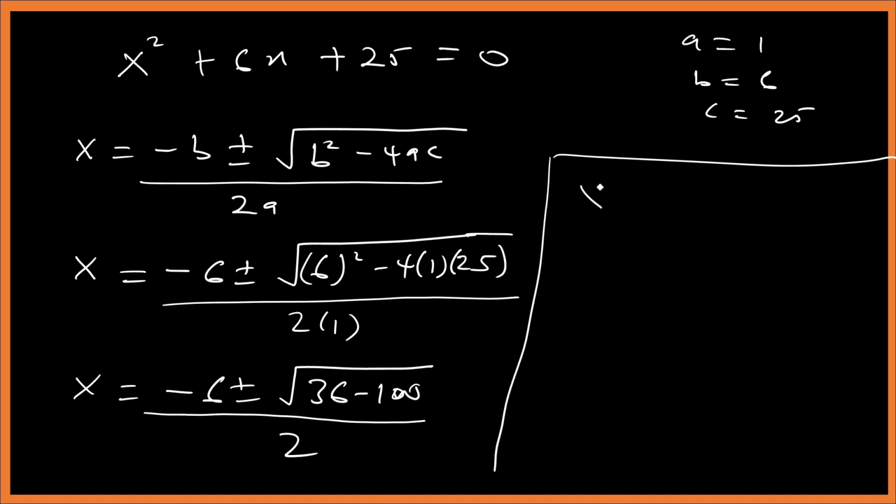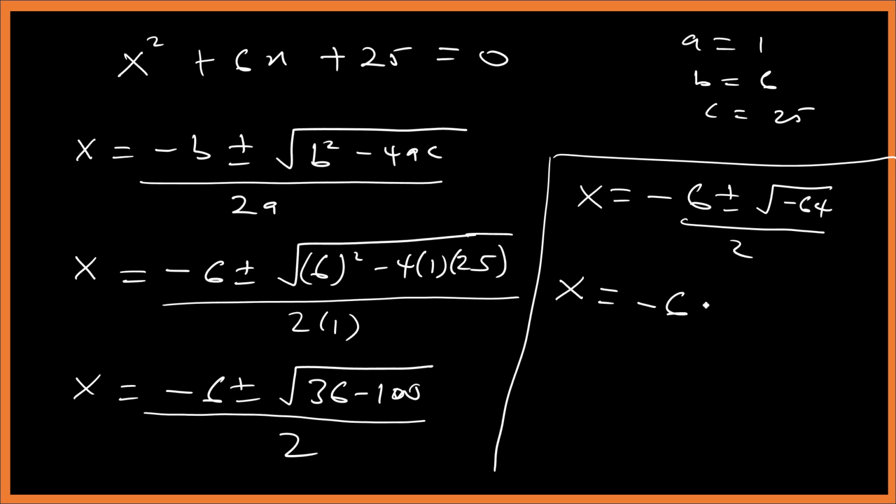Okay, so we have x equals minus 6 plus or minus square root of minus 64, on 2. So this side will be square root of 64 times square root of minus 1. Square root of minus 1 is i from complex numbers.